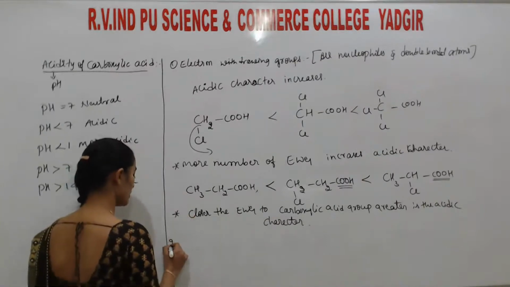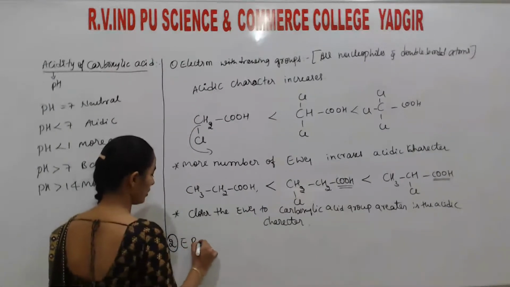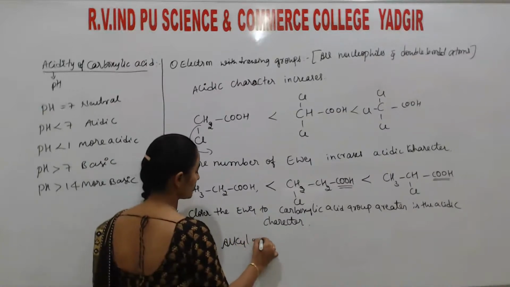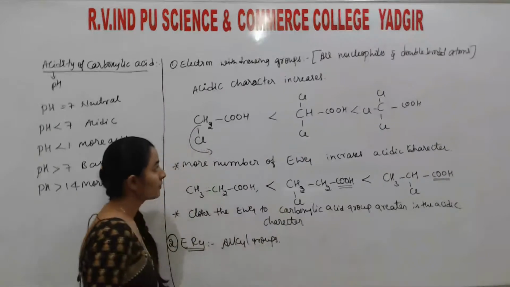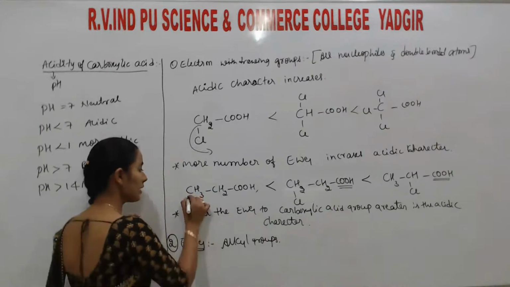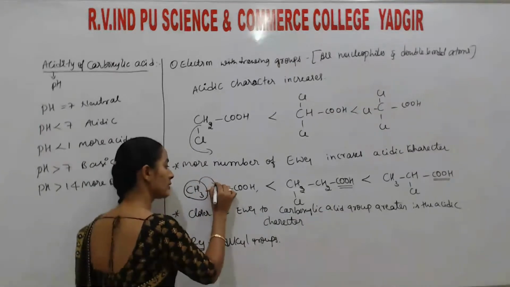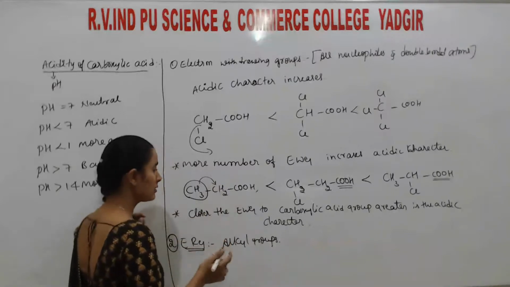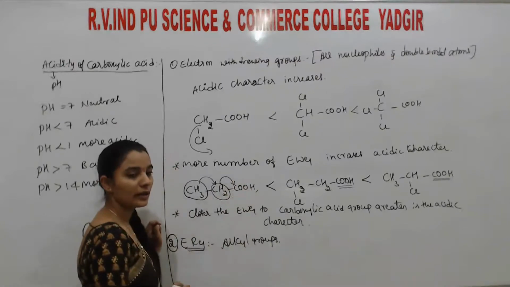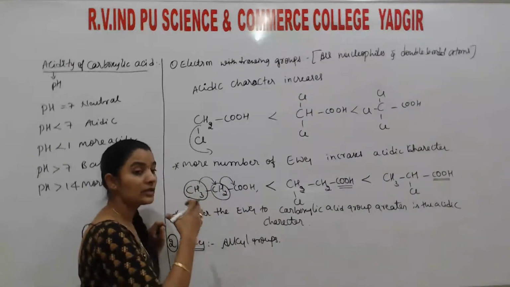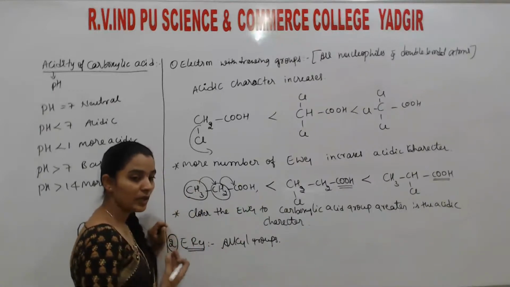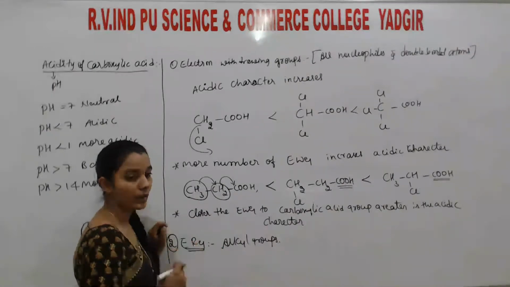Second one is electron releasing group. Electron releasing groups are only alkyl groups. So remember students, if alkyl groups are there, here two alkyl groups are there, this is an electron releasing group. It releases electron density towards the carboxyl carbon, so electron density increases. If the electron density is more, instead of accepting an electron, they prefer donating an electron.